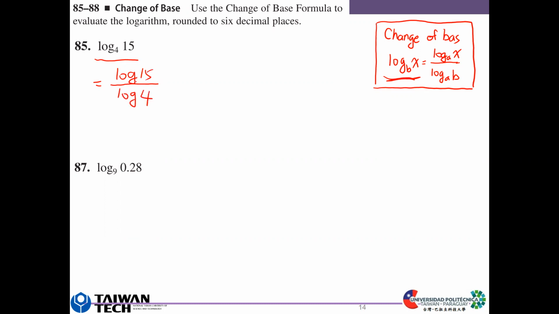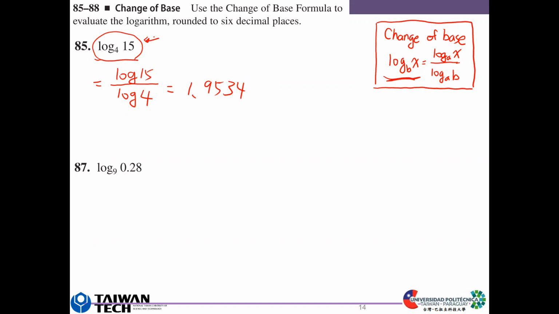If I didn't write the base value, it means it's log 10, because on the calculator you only have the button for log 10. So when you are using the calculator to calculate this value, you need to change the base. Since you don't have the calculator, I just write down the value is 1.9534. But when you are asked to calculate this, you need to change the base.